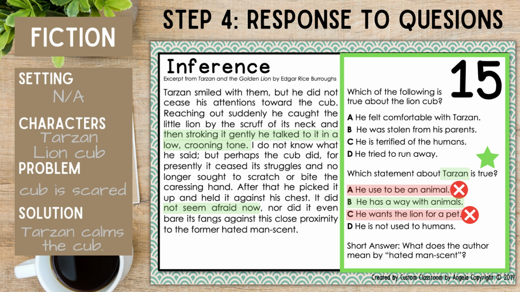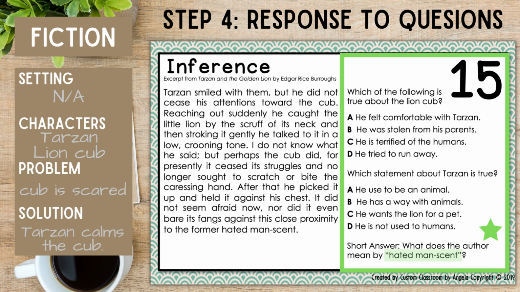This is incorrect since there are no details in the passage that would make you think Tarzan is calming the lion so that it can be his pet. D, he is not used to humans. This is also incorrect since the idea that Tarzan is not like humans is again trying to draw on your prior knowledge, but there aren't any details in this part of the passage.